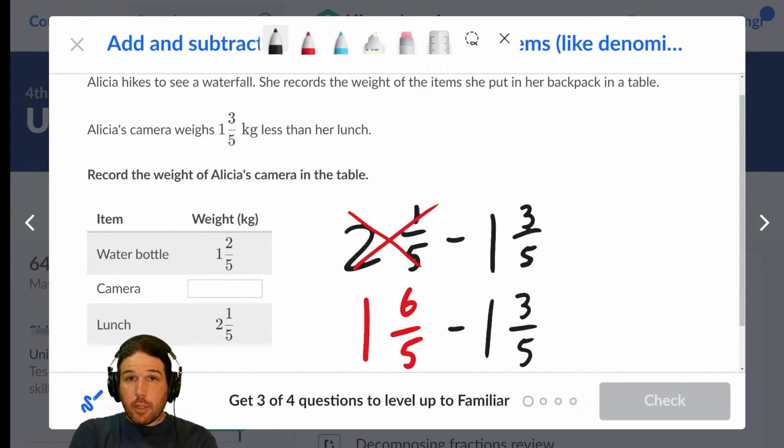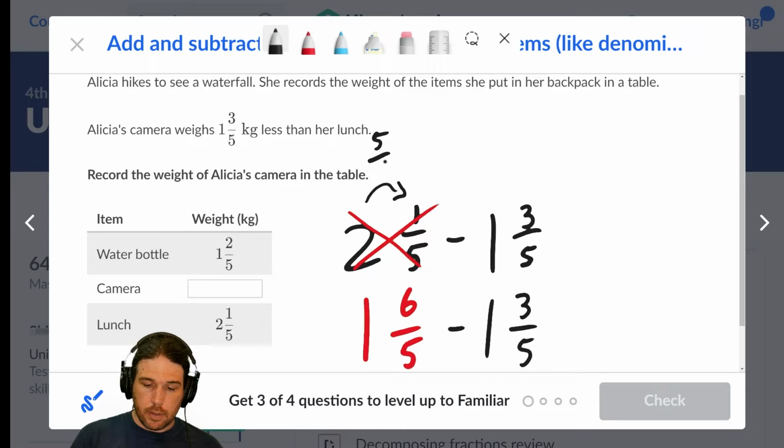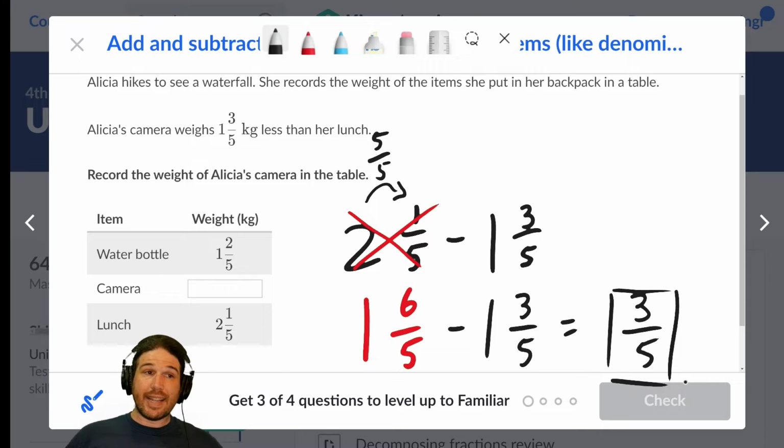I just peeled off 5/5, which is 1, took them out of the whole number 2, and put them into the fraction so that the fraction is now big enough to subtract without going negative. 1 minus 1 is 0. 6/5 minus 3/5 is 3/5. Our final answer is 0 and 3/5, or just 3/5.